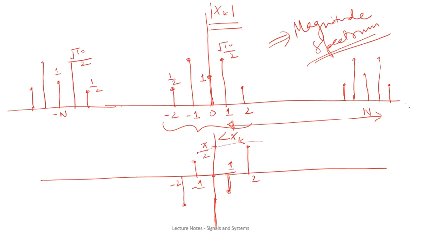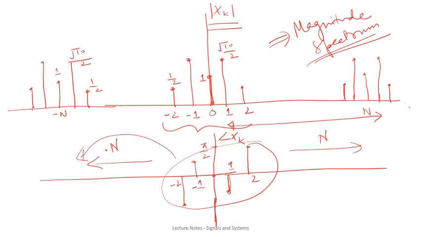You can just reproduce this waveform at N distances apart, in the positive as well as in the negative direction. Okay, so same waveform will be here also, like we have done in the magnitude spectrum. Okay, so this is the phase spectrum.